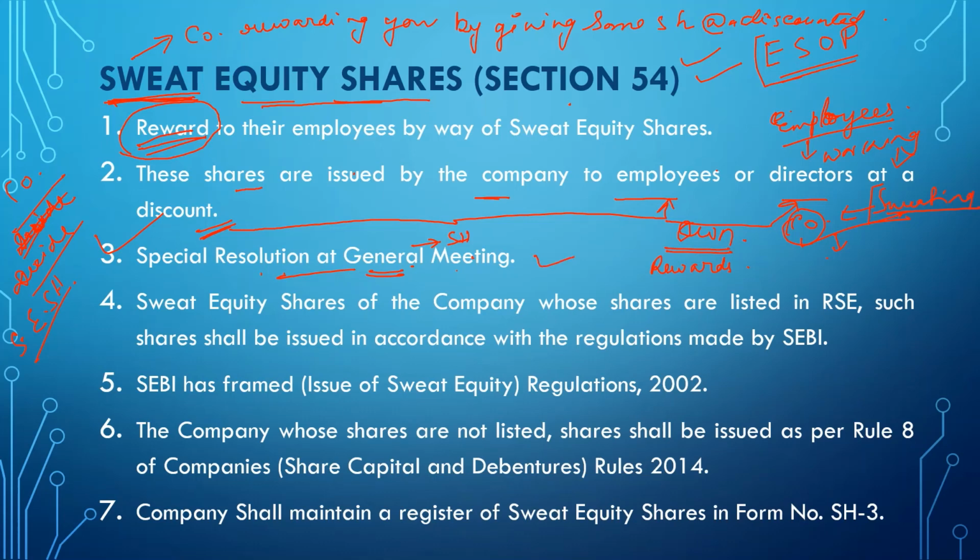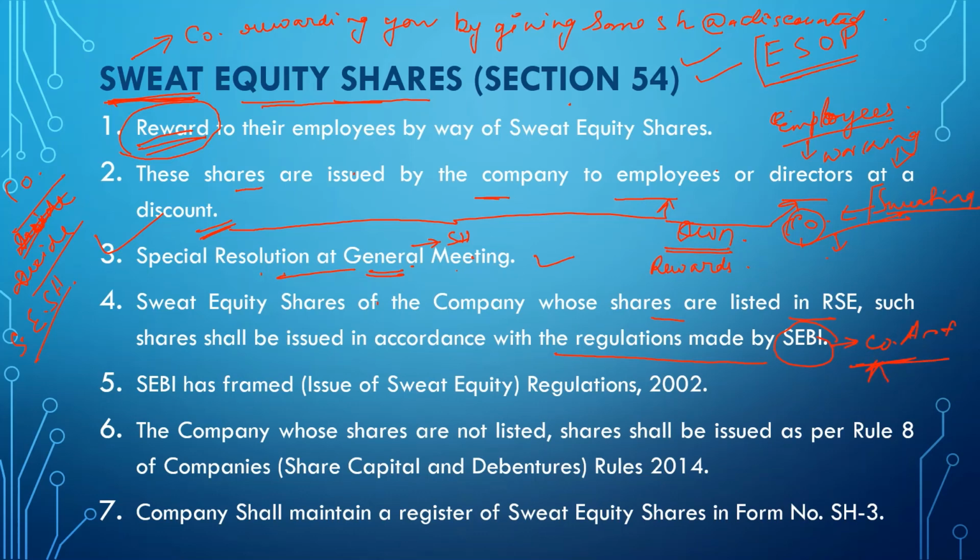Next, in case the company is a listed company, not an unlisted company, then such company needs to check the SEBI regulation. If the shares are listed with a recognized stock exchange, then such company will issue sweat equity shares in accordance with the regulations made by SEBI. So they have to check SEBI along with the Companies Act. If you are an unlisted company, then you will follow the rules of the Companies Act 2013.